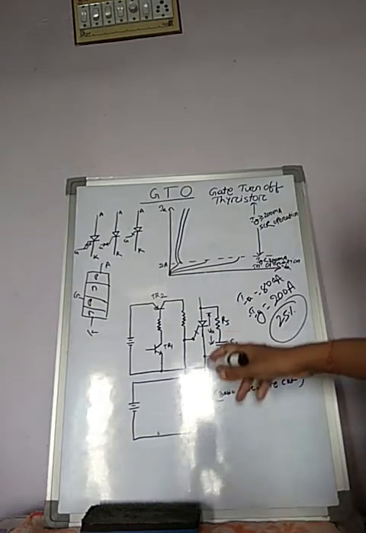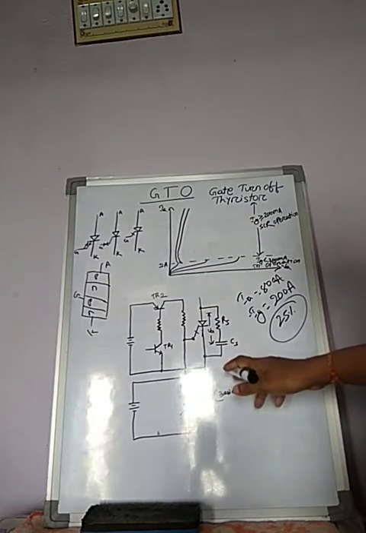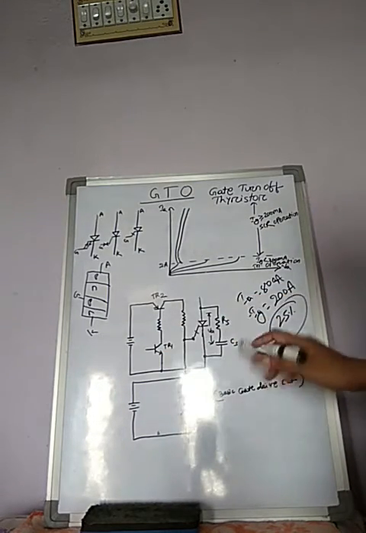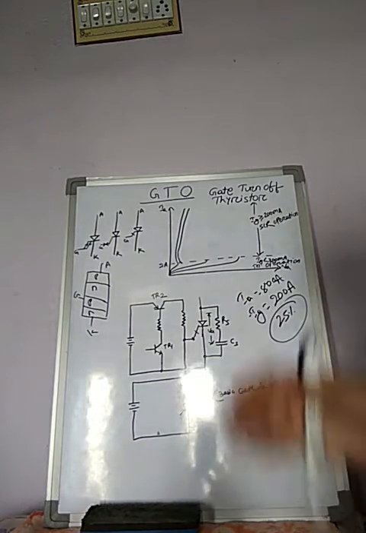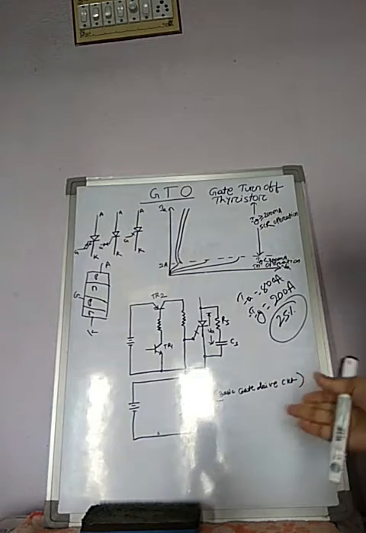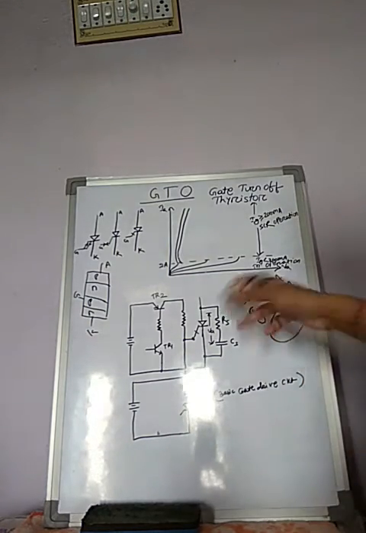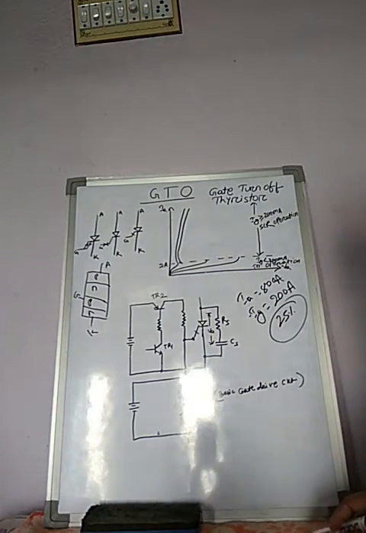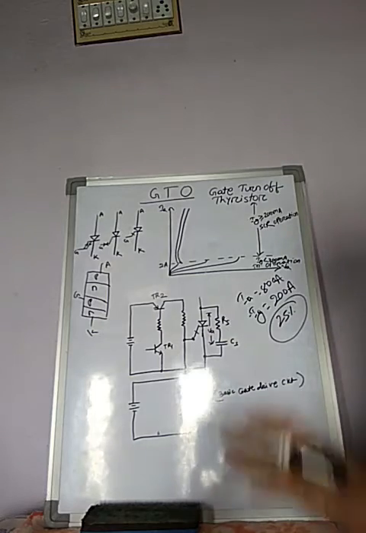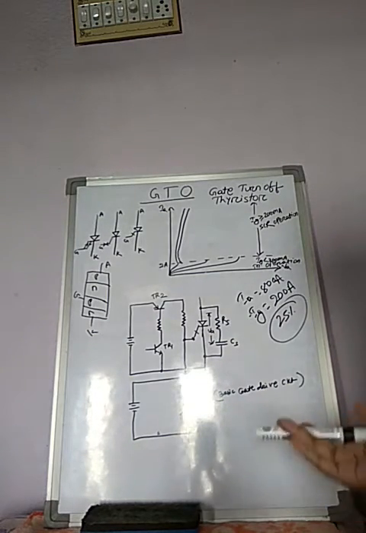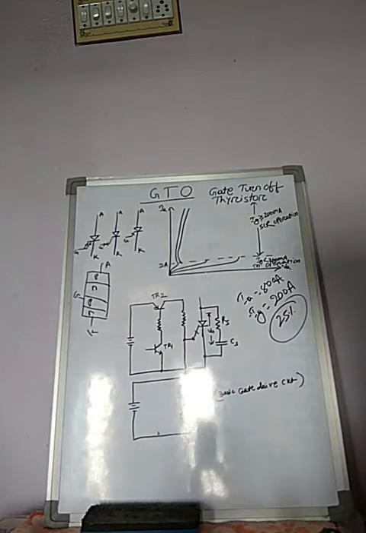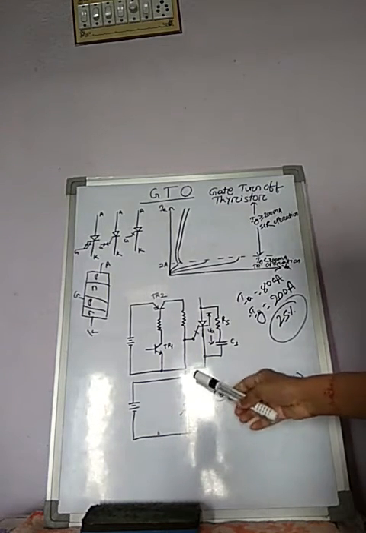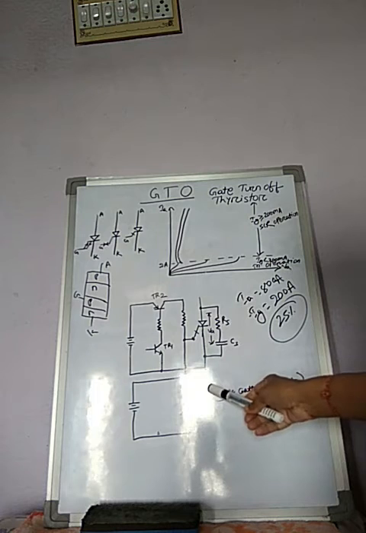Here, in this diagram, we will see how the GTO operates when the gate signal is positive, and how it operates when the gate signal is negative. That means how the GTO turns on and how it turns off using this gate drive circuit. So this is the basic gate drive circuit for GTO.